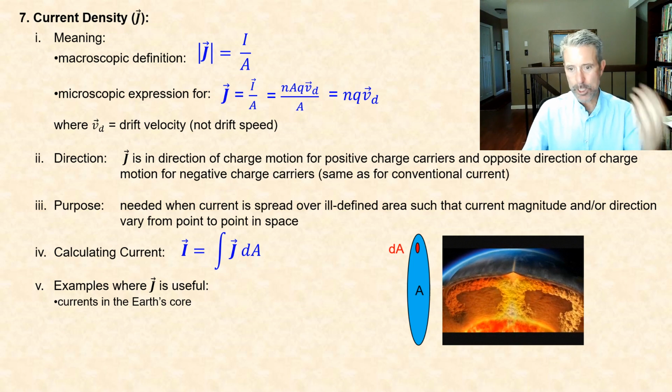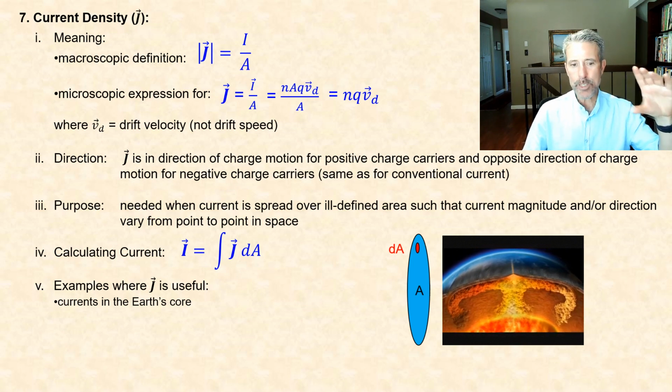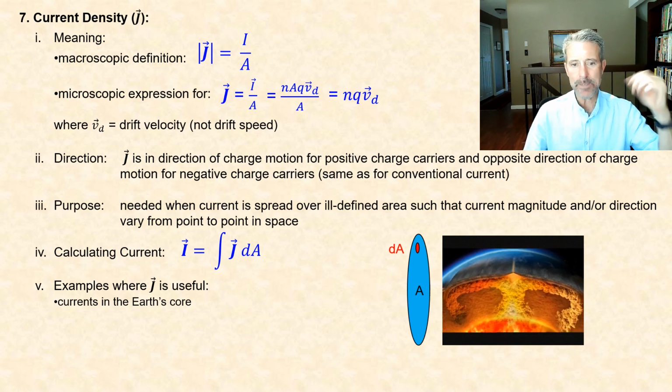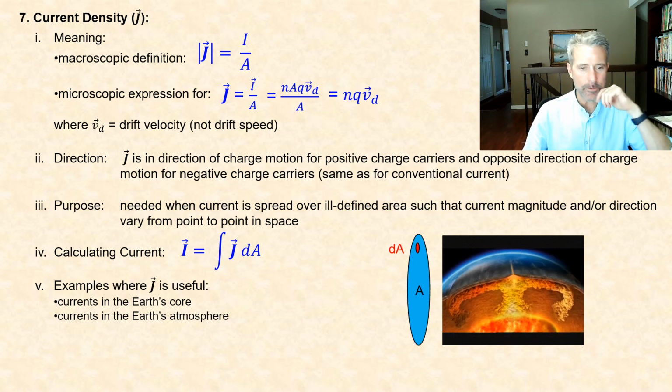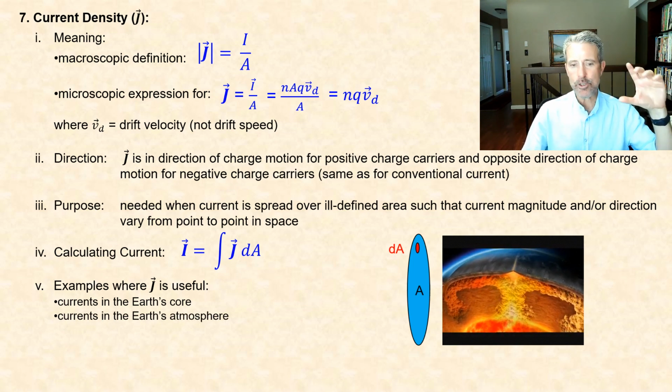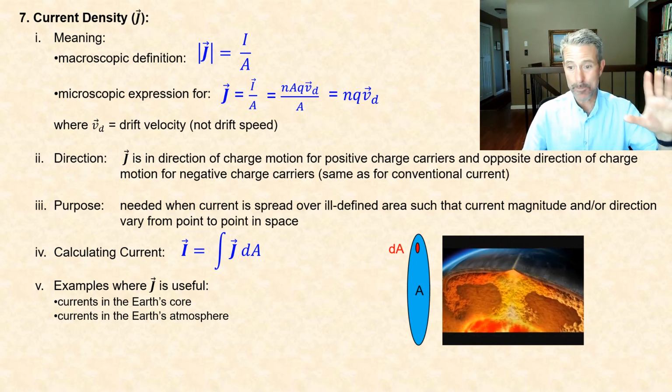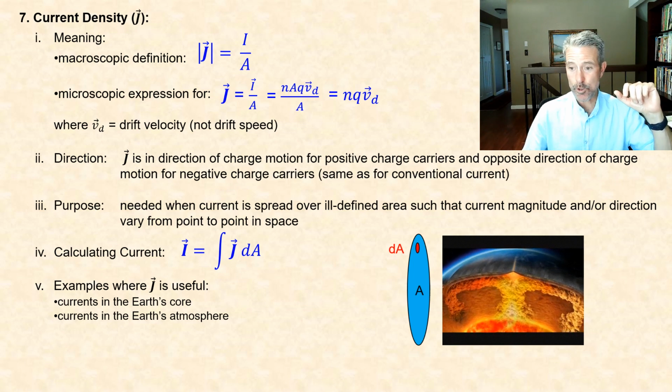So for such a model to represent those convection currents, you'd have to talk about the current density rather than the current itself. Same thing would apply to motion of charged particles in the atmosphere, whether those charged particles are coming from the sun or some other source.